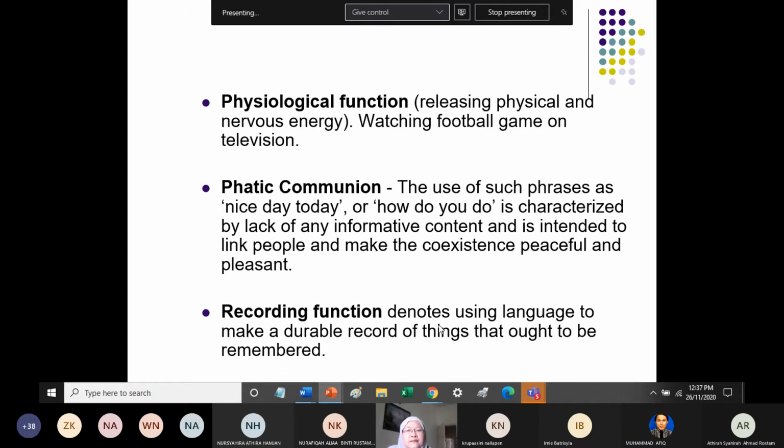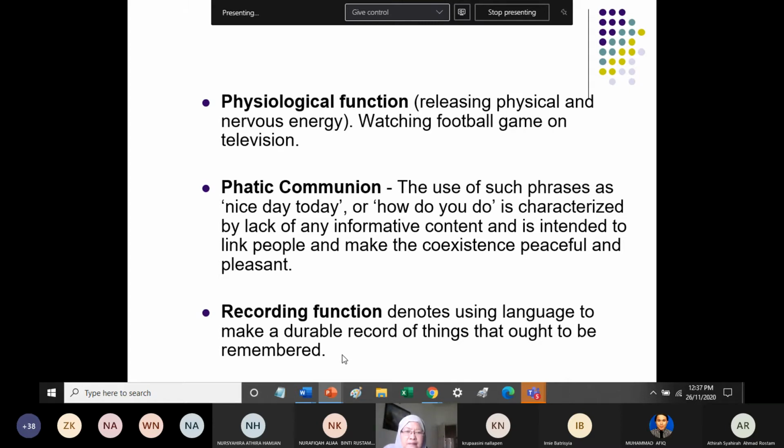Recording function is a language which is used to record something. Either we write, or nowadays we can tape ourselves, we can video ourselves, and that's the recording function. That means nak merakamkan bahasa tu kan, sama ada dari segi penulisan ataupun video ataupun audio.